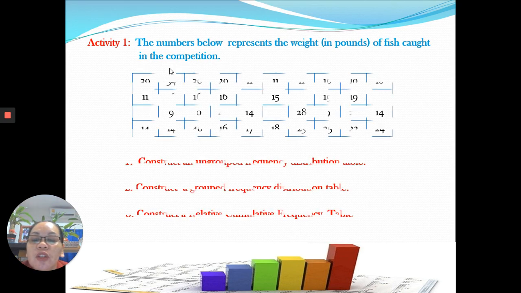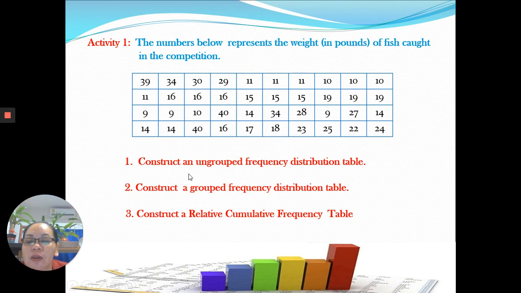So what you're going to do is construct an ungrouped frequency distribution table, and then construct a grouped frequency distribution table, and construct a relative cumulative frequency table. You have to write your answer on an A4 paper and submit this paper when you come to school in July. Thank you for listening.